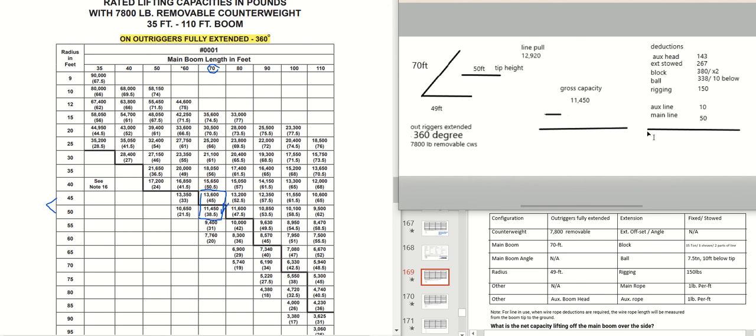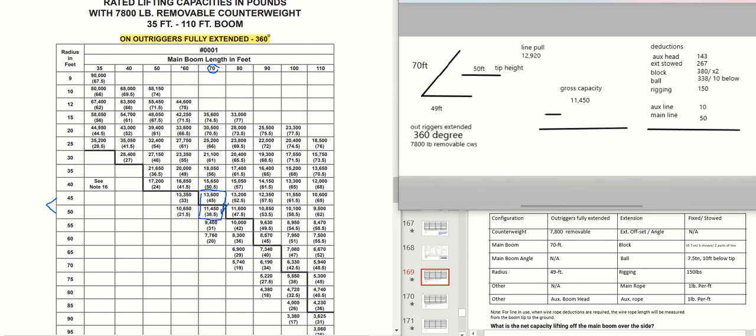So what we're going to do here is add up our deductions. We're going to start with the top, 143 plus 267. And if you need to, make a check mark by each one of these so that you know you are accounting for them. You're marking them off. You're adding them to your deductions. Make sure you're very thorough. This is where a lot of people mess up.